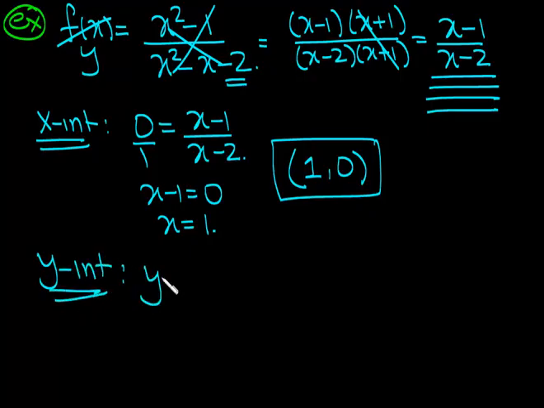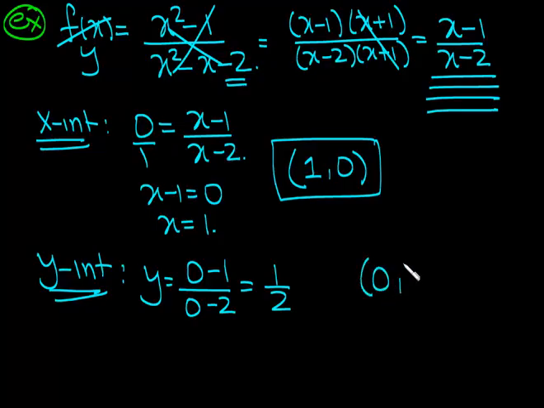We set x to 0, so we get 0 minus 1 over 0 minus 2, so we get 1 half. So my y-intercept is 0, 1 half. Okay, just so you know, we always find a y-intercept. It could have been the origin, 0, 0, if I didn't have this minus 1 here, for example.